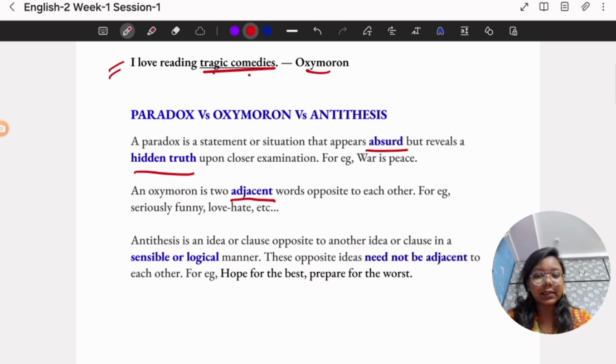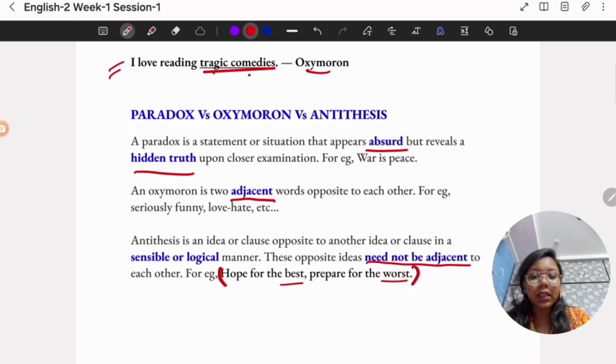It's easiest to identify. And coming to antithesis, it is an idea or clause opposite to another idea or clause in a sensible or logical manner. These opposite ideas need not be adjacent to each other. For example, hope for the best, prepare for the worst. Best and worst, they are opposite, but they are not adjacent to each other, and the whole sentence is sensible or logical.